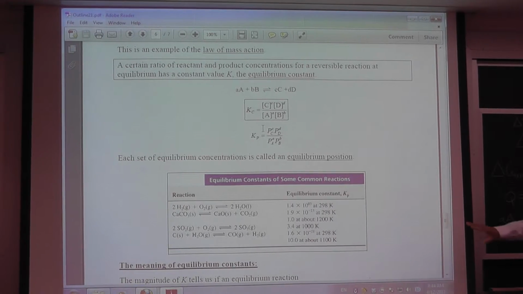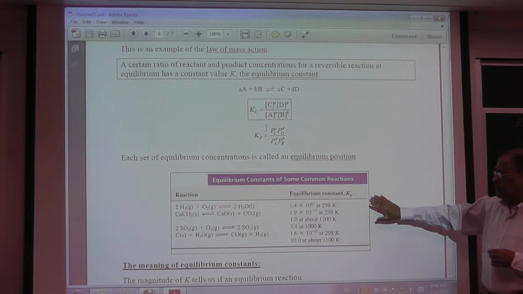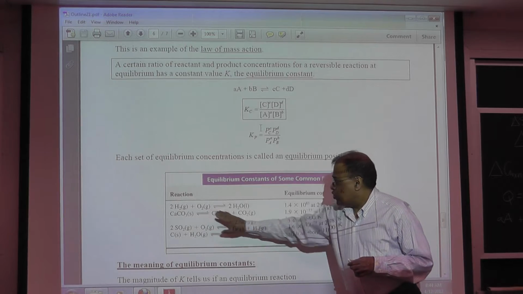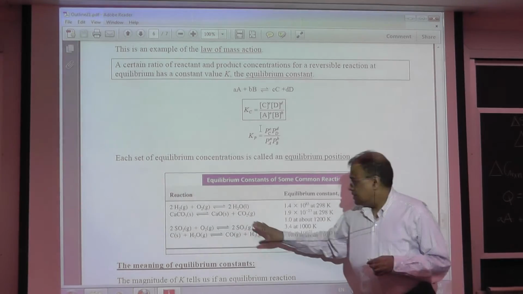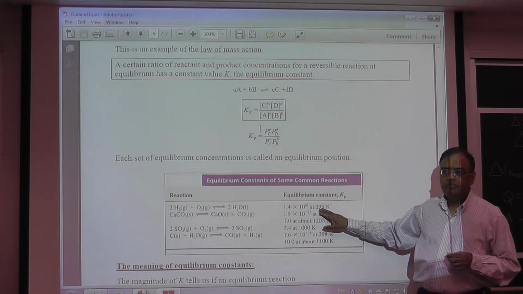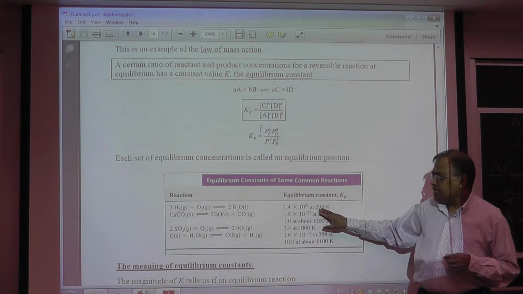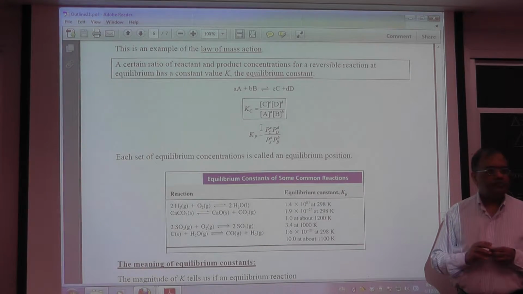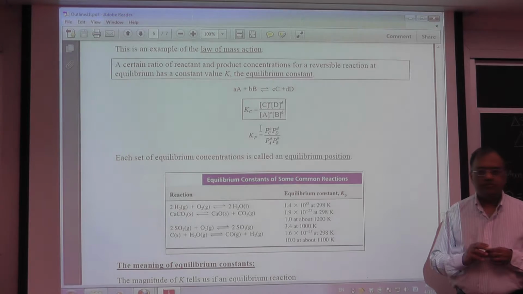So here are some examples of equilibrium constants. H2 plus O2 goes to water. What can you tell me about this reaction? By looking at this table, what can you tell me about this reaction?